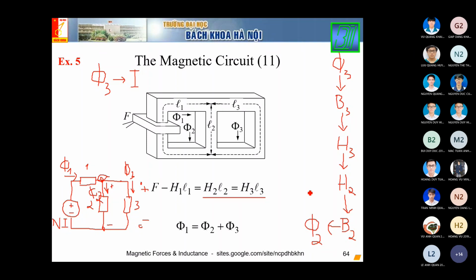And what's next? From phi 2, what can we do now? Phi 1. Yeah, that's right. We can find phi 1 from this equation, okay? Because we are given phi 3 and we just found phi 2, so yes, we can find phi 1.